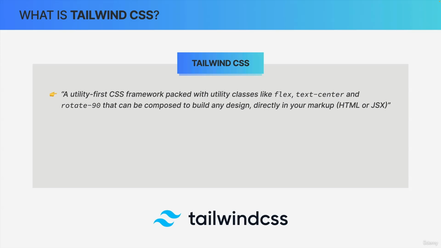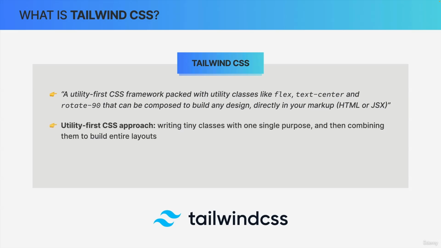Now, okay, so that sounds nice, but what actually is this utility-first CSS approach? Well, basically, when we write utility-first CSS, we write lots and lots of tiny classes where each class has one single purpose. And we then combine these classes to build entire components and layouts.